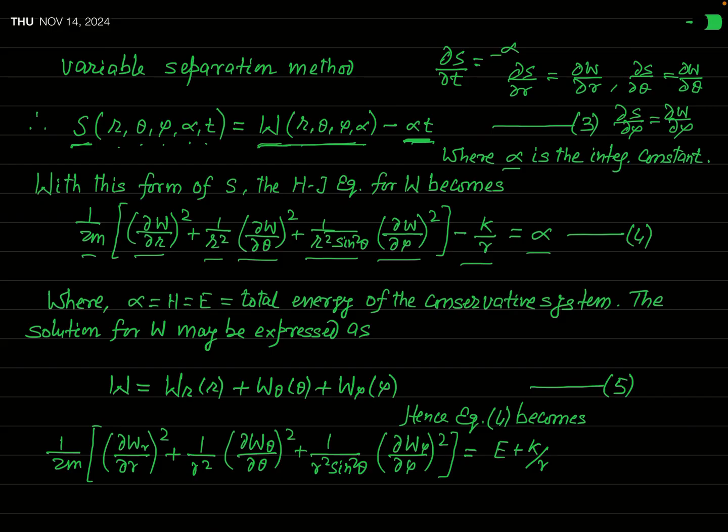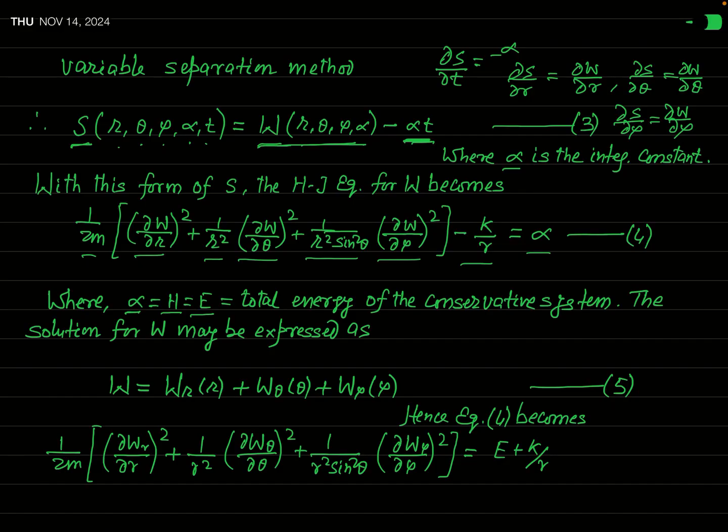But when you have studied Hamilton-Jacobi theory, definitely you have seen that this alpha is, for a conservative system, recognized as the Hamiltonian of the system, and that Hamiltonian actually represents the total energy of the system if the system is conservative.